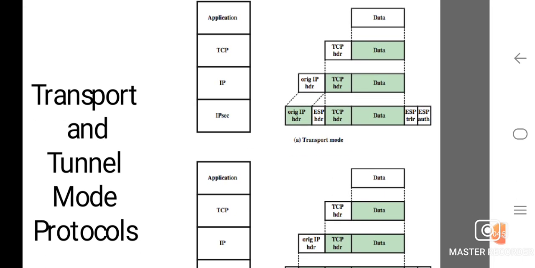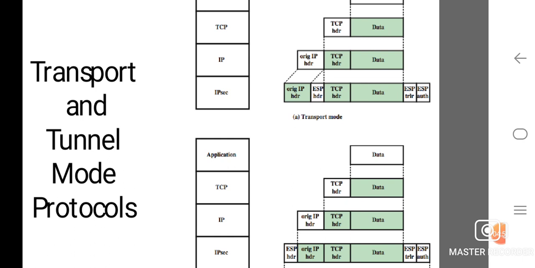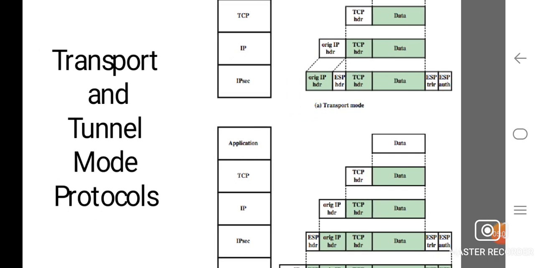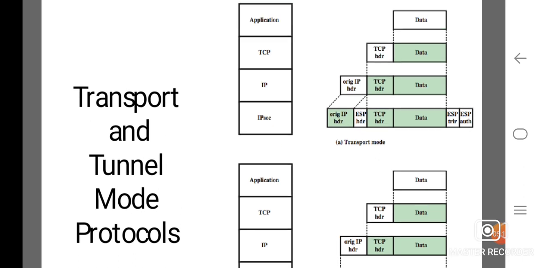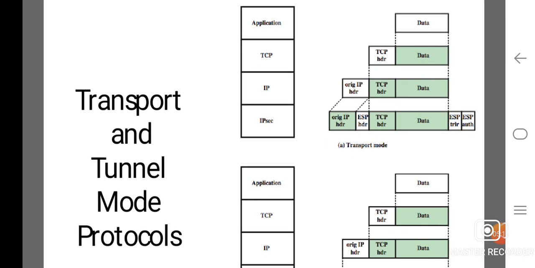And the original IP header, ESP header, TCP header, data, and ESP trailer, and then ESP authentication. These are all the partitions that provide the IP security. In the Internet Protocol, there is the original IP header, TCP header, data. In TCP, header and data. For application, data alone.